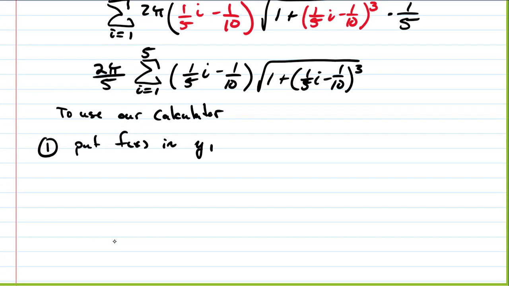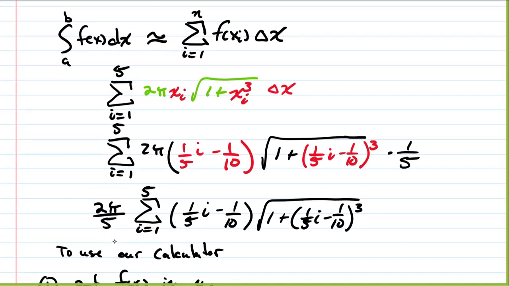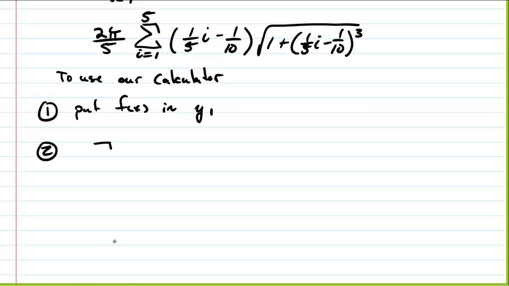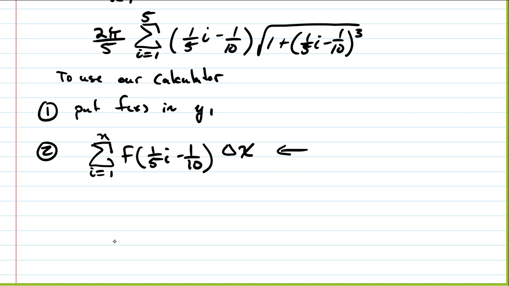Then step 2, we're going to use the Riemann sum formula, which is the sum as i goes from 1 to n of f of x sub i, but our x sub i in this case we need to write out explicitly. So it's going to be f of 1/5 i minus 1/10 times delta x. And this is what we're going to put into our calculator.